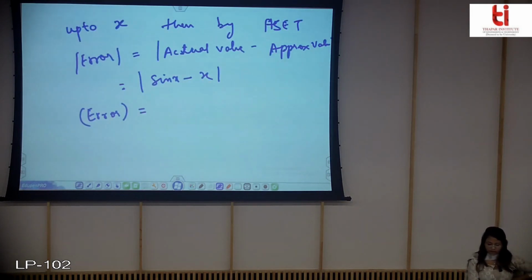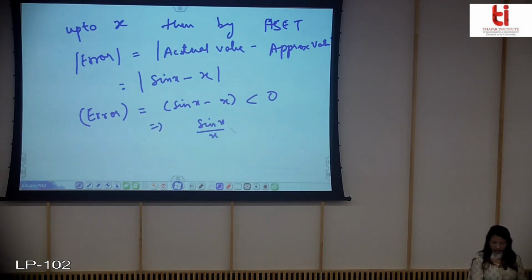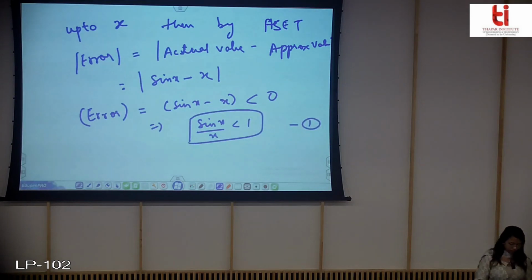It has a negative sign, so this will be less than 0. So you can say that sine of x by x is less than 1. This is your first equation.